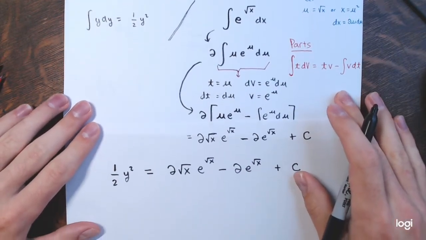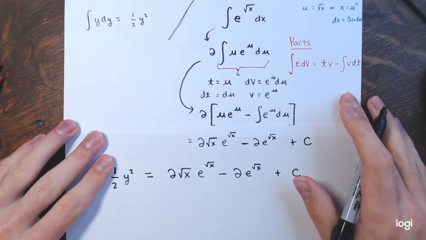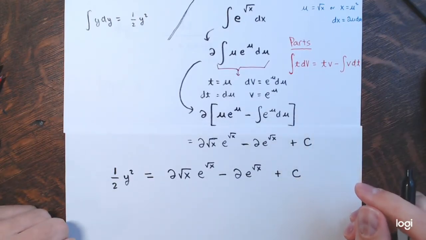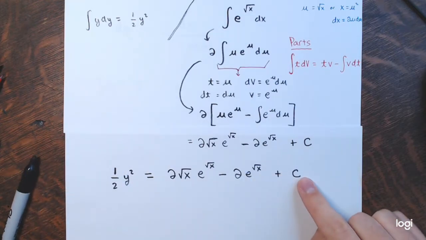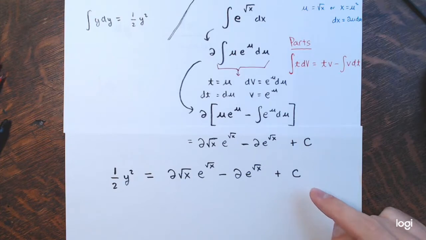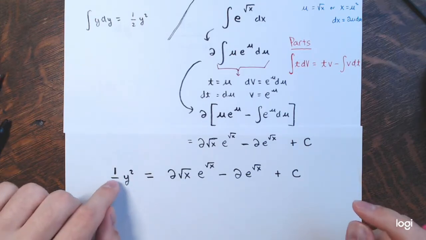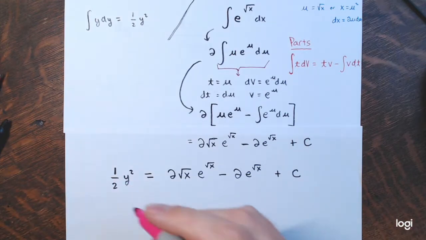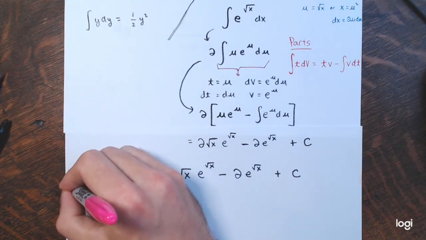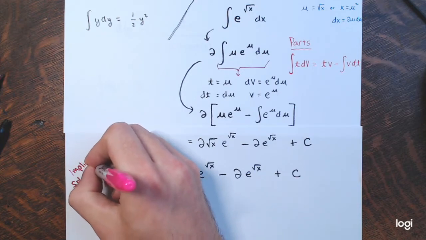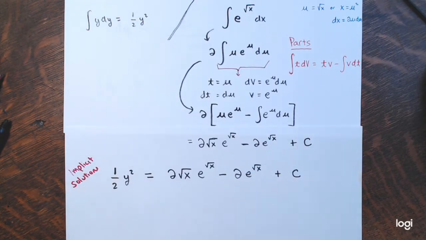And then I was asked to find an explicit solution, but I'll do that after I find the value of this constant. So now we're going to use the initial condition. Here's a family of implicit solutions to the differential equation, a one parameter family of implicit solutions. Y is not solved for.